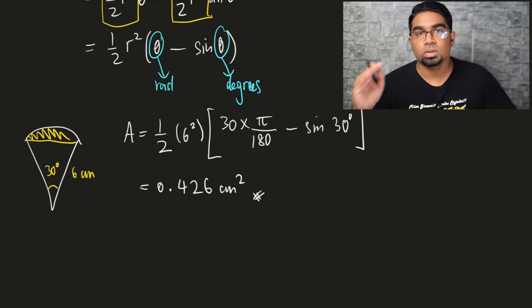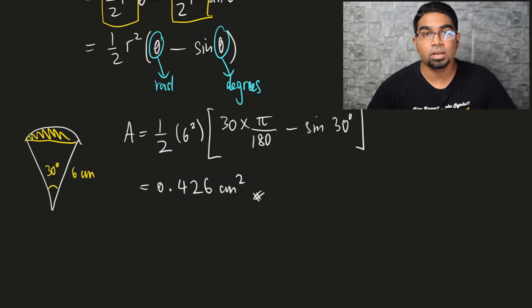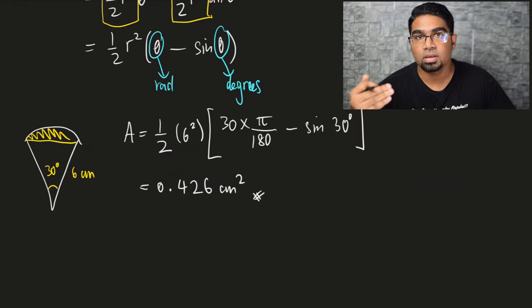So throughout this whole topic, you can see that whenever we have trigonometric ratios, you have to be careful to use the angle in degrees unless your calculator is set to radians, which normally is not.